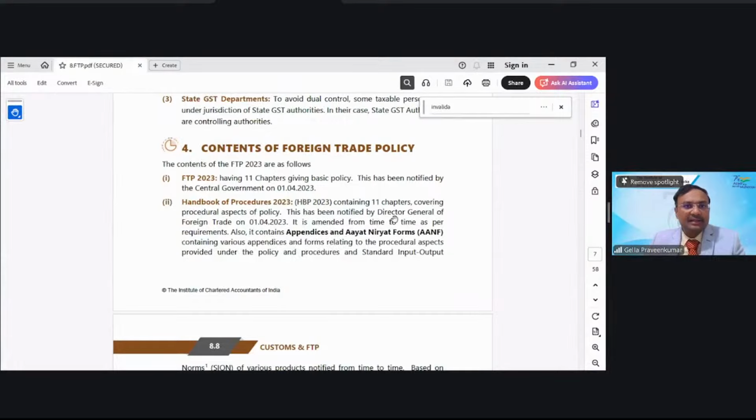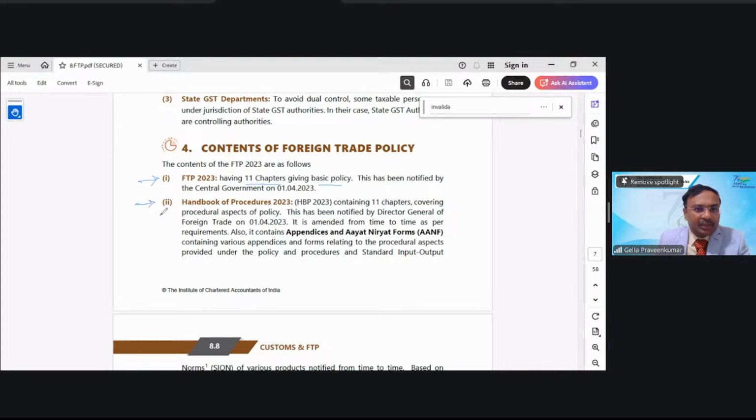Contents of foreign trade policy. The foreign trade policy is divided into two elements. One is the Foreign Trade Policy 2023, which has 11 chapters and is the basic policy, like your Act. This has been notified by the central government on 1st April 2023.